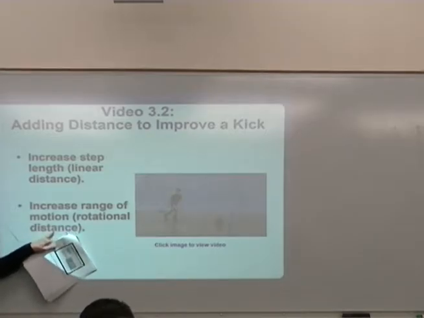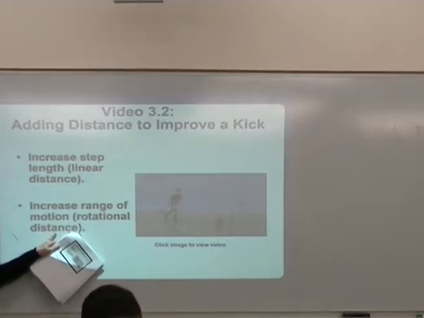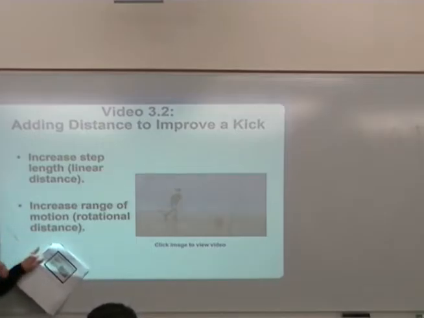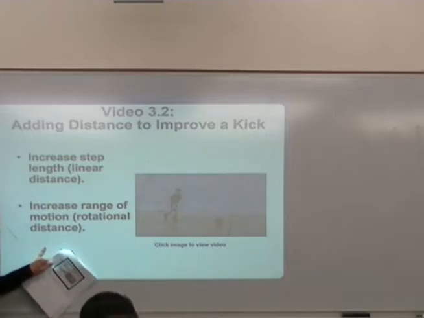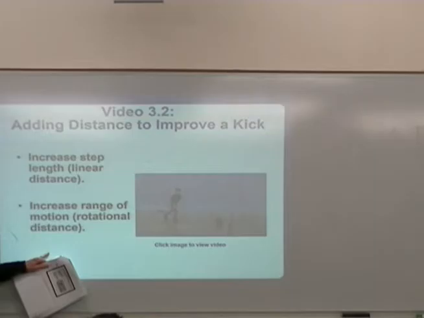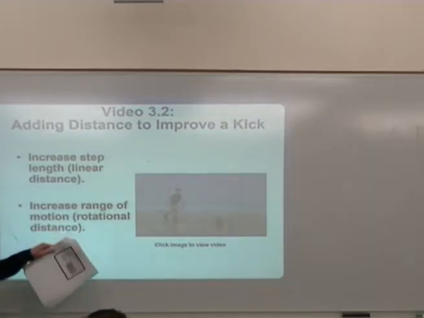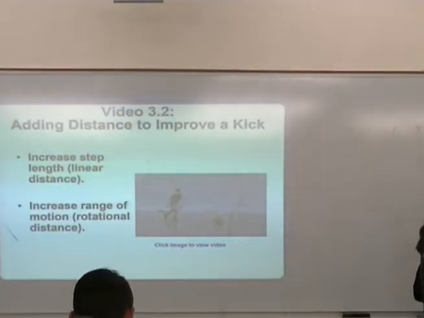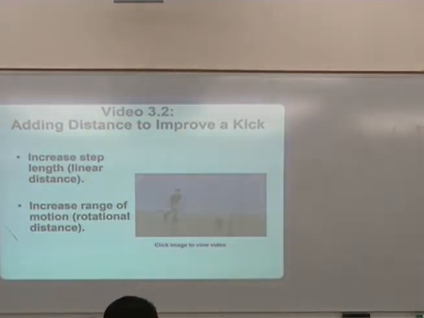I can also increase rotational distance if I can move my arm further back or my leg further back. So the distance over which I'm applying force might be rotational. So I have to have a large range of motion in my shoulders or my hips.